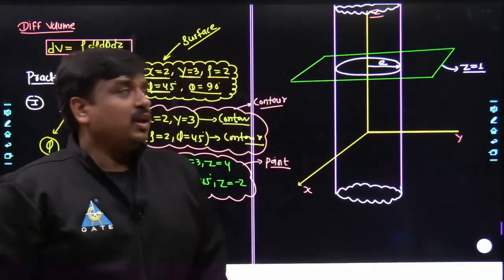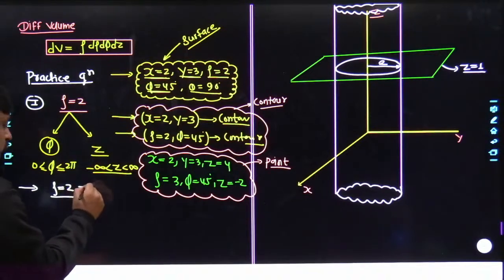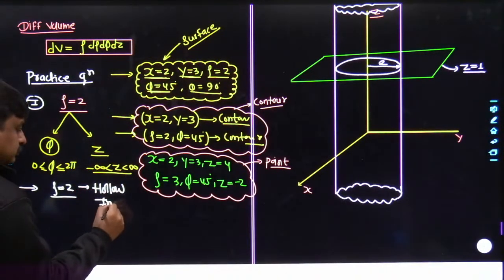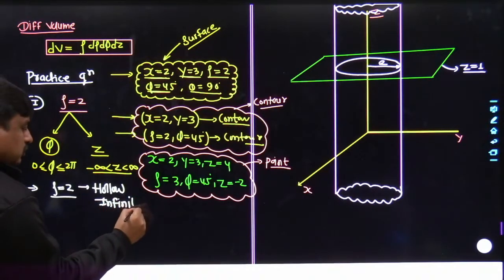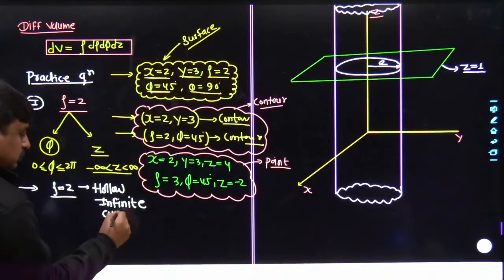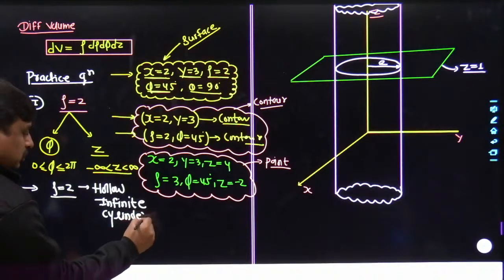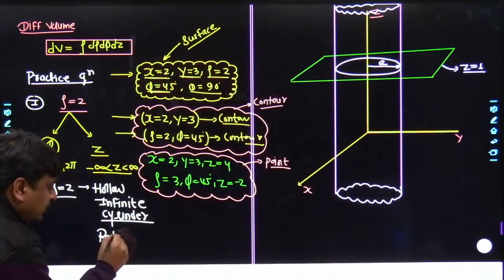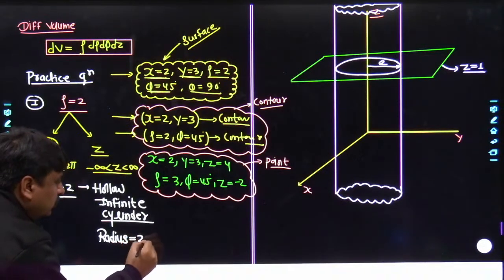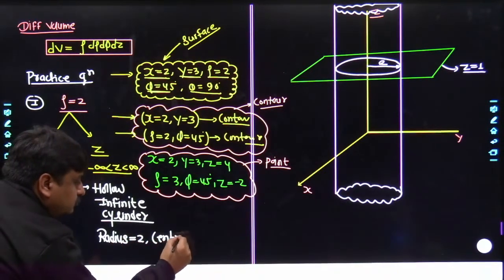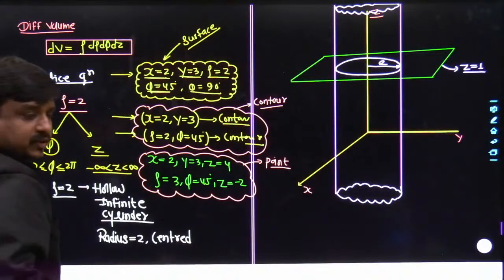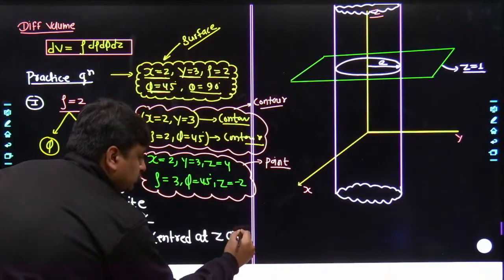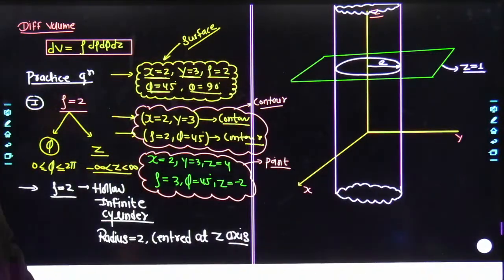So it's a hollow infinite cylinder, having radius equal to 2, centered at the z axis. Agreed, no?